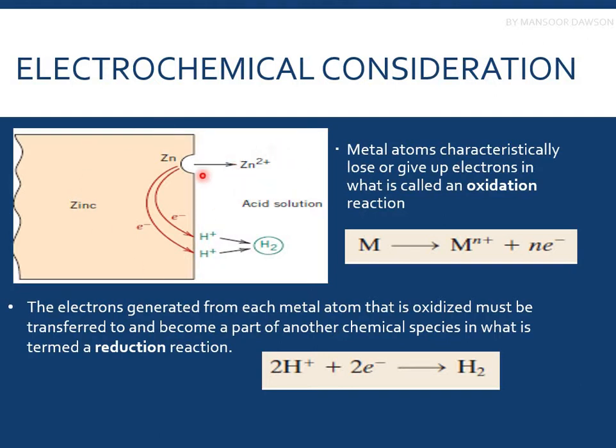So the metal is always oxidized when corrosion is happening. And the other part, which is hydrogen: as you know, acids have a positive hydrogen ion, so it would gain the electrons which are lost by the metal and would be reduced. So both the reduction and oxidation reactions take place while the corrosion is happening.